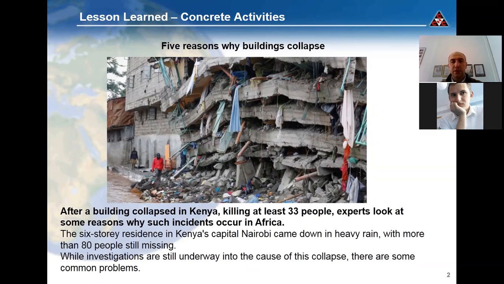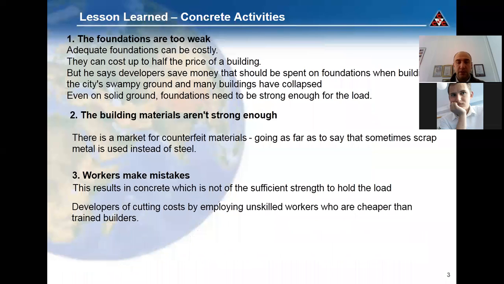So you need to know about all reasons which can lead to main problems with concrete buildings.